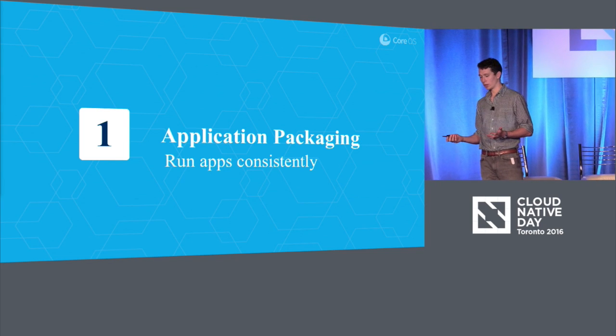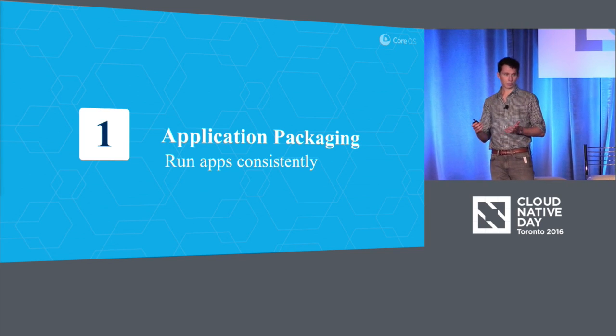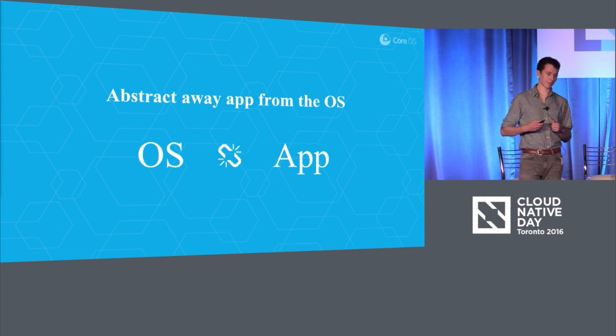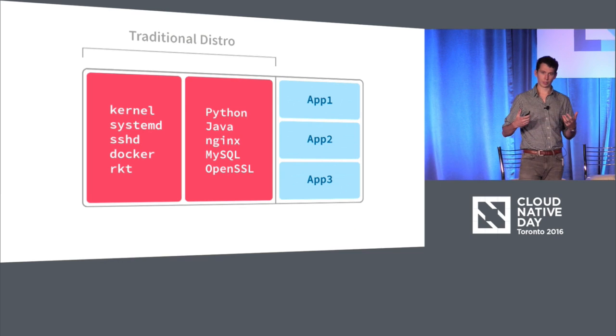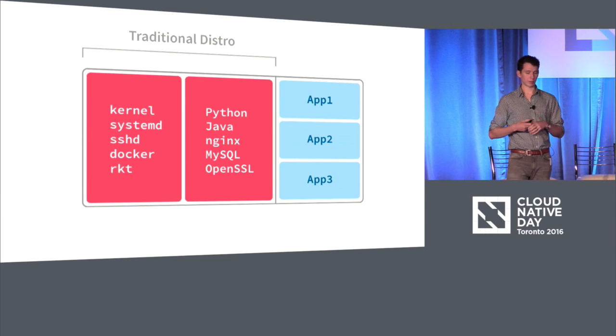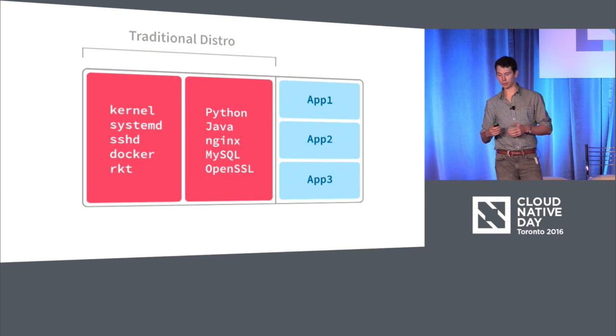So the first is about application packaging, and it's about consistency. And we win here because of this abstraction. This is something that we've never really had in the past. In the past, our Linux distributions have tightly coupled the idea of the application to the OS, which is a bit of a problem because it means that people don't actually end up upgrading their systems.